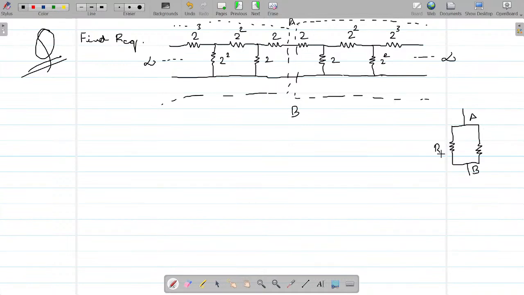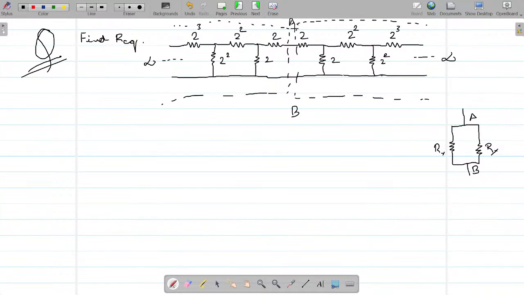This is Rx and this is Rx. Before I tell you anything, please listen: I am denoting the left hand side value as Rx.